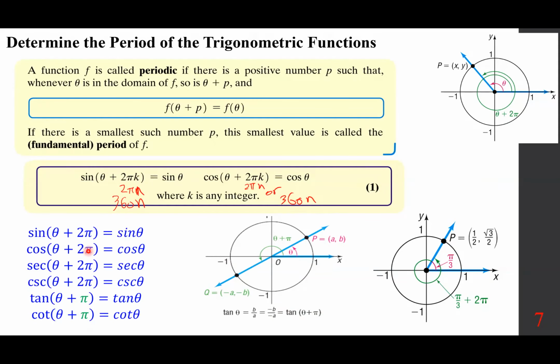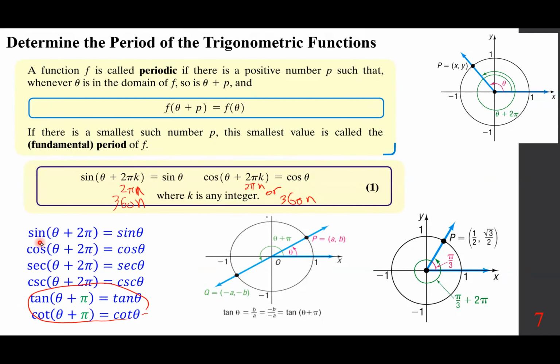So you want to see that 2 pi is the period or fundamental period for sine, cosine, secant, and cosecant, but for tangent and cotangent it is different. It's just pi. So it's pretty straightforward.